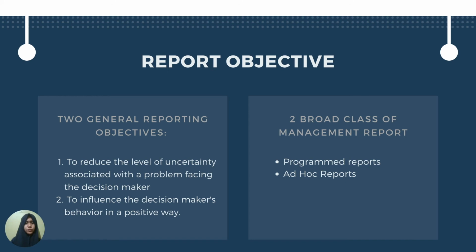First is to reduce the level of uncertainty associated with a problem facing the decision maker. Second is to influence the decision maker's behavior in a positive way. We also have two broad classes of management report, which are the program report and ad hoc report, which will be discussed in the next slides.